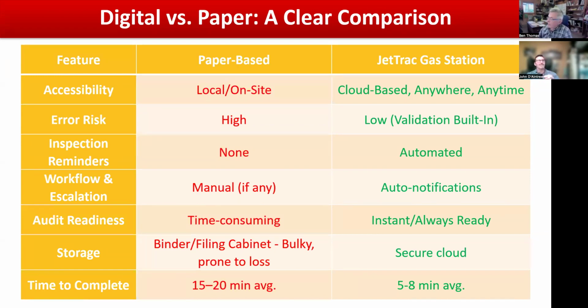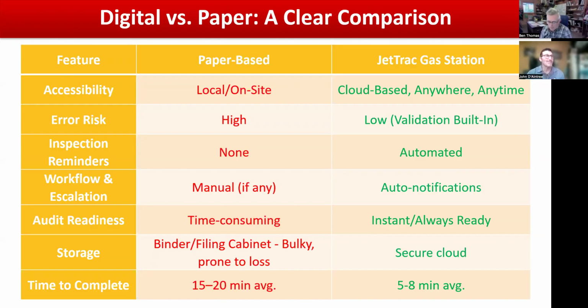The risk of errors with a paper solution, we spoke about this, handwriting, everybody writes a different description rather than having a drop down that does it, so the risk of errors and omissions is pretty high, whereas with a digital solution, it's relatively low because we can have validation fields and things like that make sure that it's done.